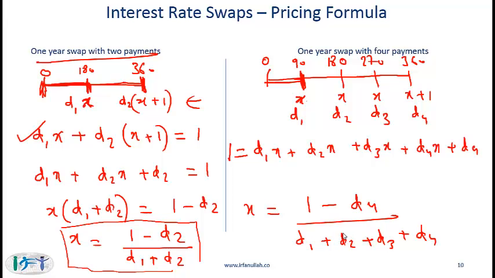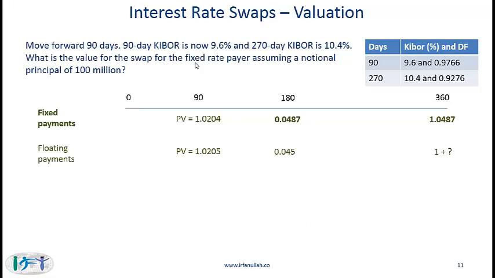I'll just call this the fixed rate formula when I refer to it later. And you need to remember this. I don't want you deriving it on the exam, but I'm explaining this, just in case. Worst case scenario, if you forget what's going on, as long as you remember the concept, you can quickly come up with this formula. Let us now talk about valuation.